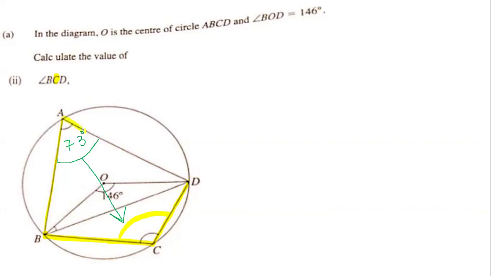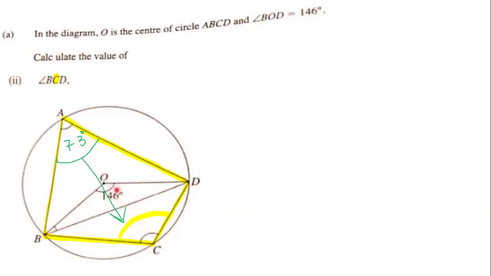So what do we mean by a cyclic quadrilateral? Notice that this is a quadrilateral because it has 4 sides: 1, 2, 3, 4. And it's a cyclic quadrilateral because all of the vertices of this quadrilateral lie on the circumference of the circle. But we notice that these are opposite angles inside the cyclic quadrilateral.